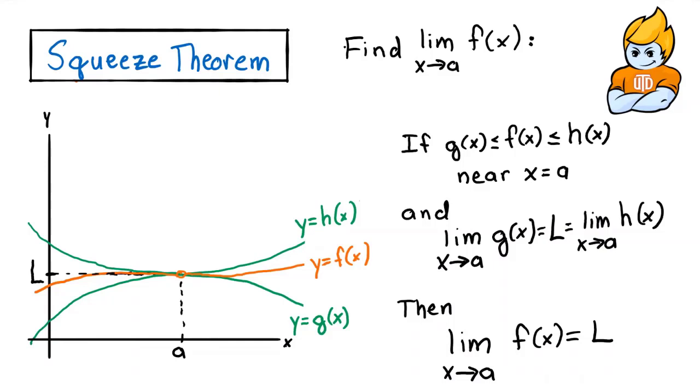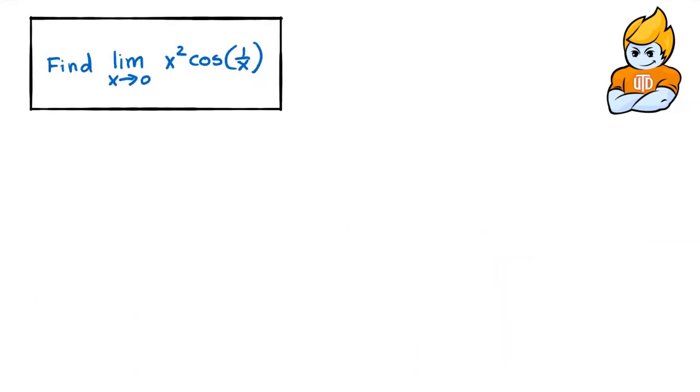Let's do another example of finding the limit of a function using the Squeeze Theorem. In this example, we'll be looking at the function given by x squared times cosine 1 over x. This function is not defined at x equals 0 because of the 1 over x inside the cosine. But we're calculus students, so this shouldn't stop us from wondering about the behavior of this function near 0, because we can take the limit as x approaches 0.